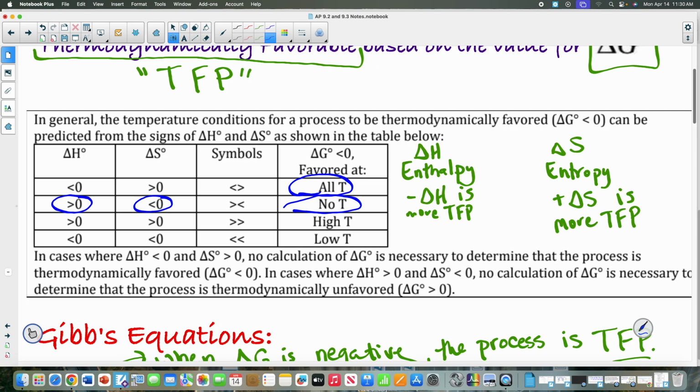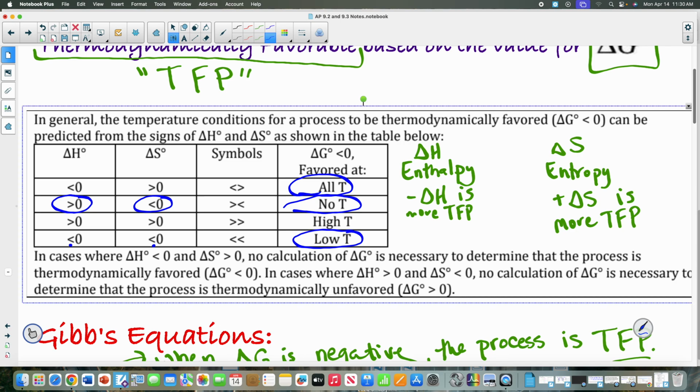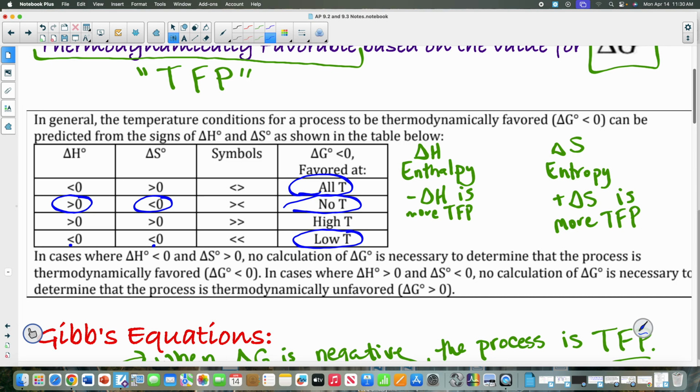But the one that we were just looking at, they were both negative. Yeah. So delta H less than 0, delta S less than 0, those can be thermodynamically favorable at low temperatures. And vice versa, when delta H is greater than 0 and delta S is greater than 0, that can be thermodynamically favorable, but with high temperatures.